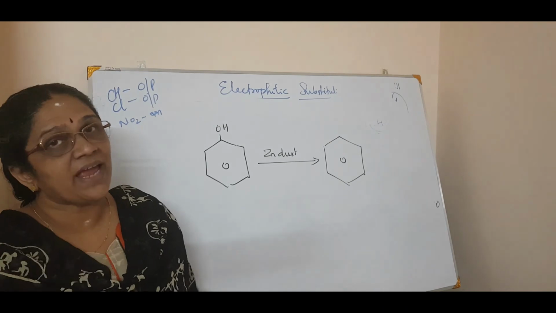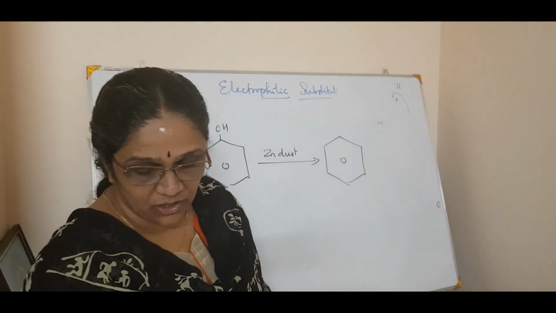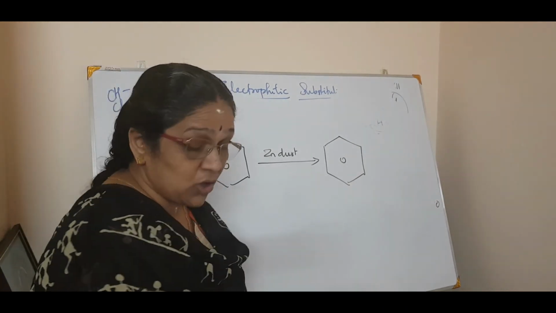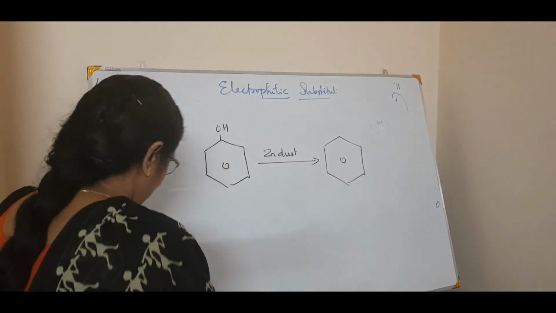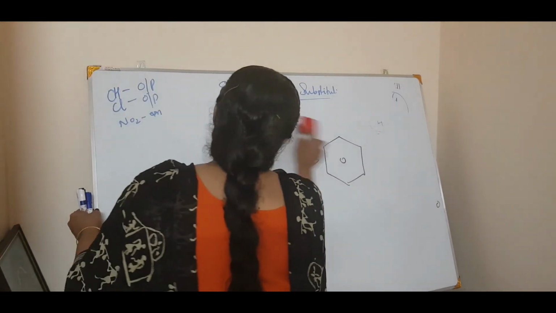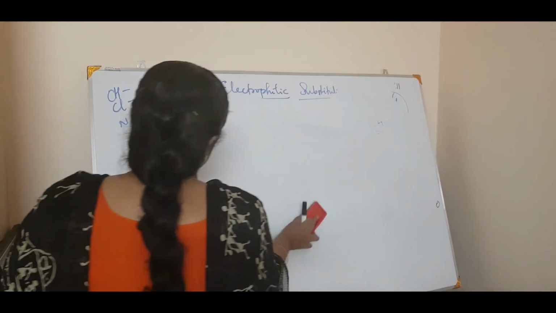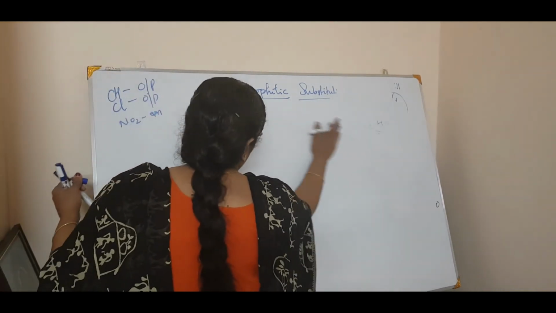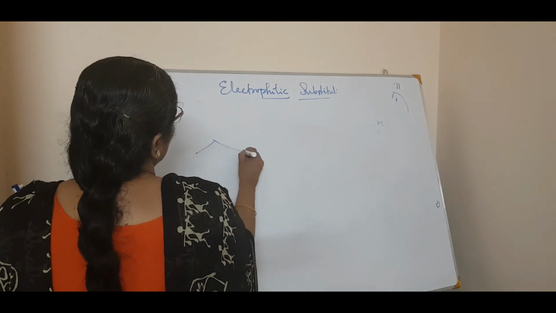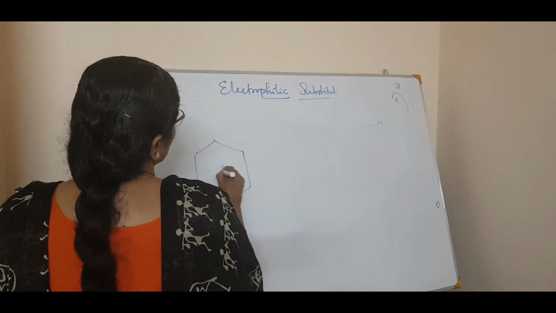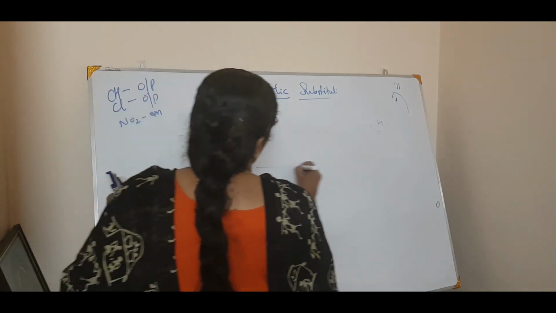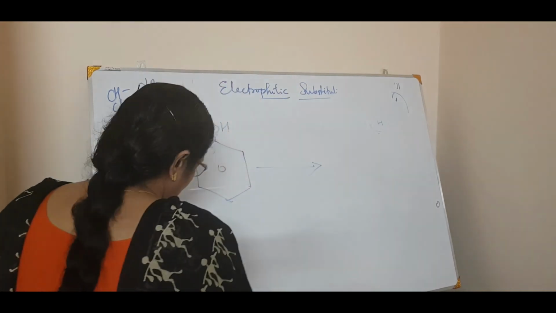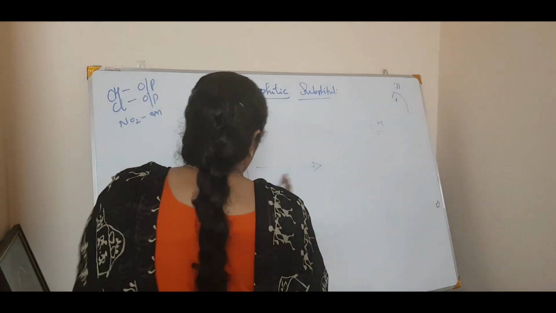And the last reaction of phenol is the oxidation reaction. See? Oxidation reaction. The last reaction is oxidation reaction. Okay. Oxidation agent sodium dichromate. So, when phenol is treated with, can you see the board? Okay.